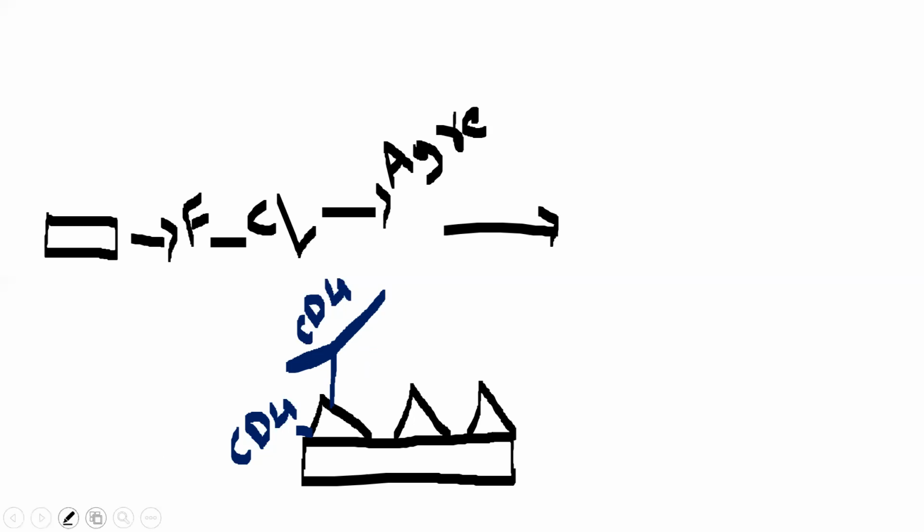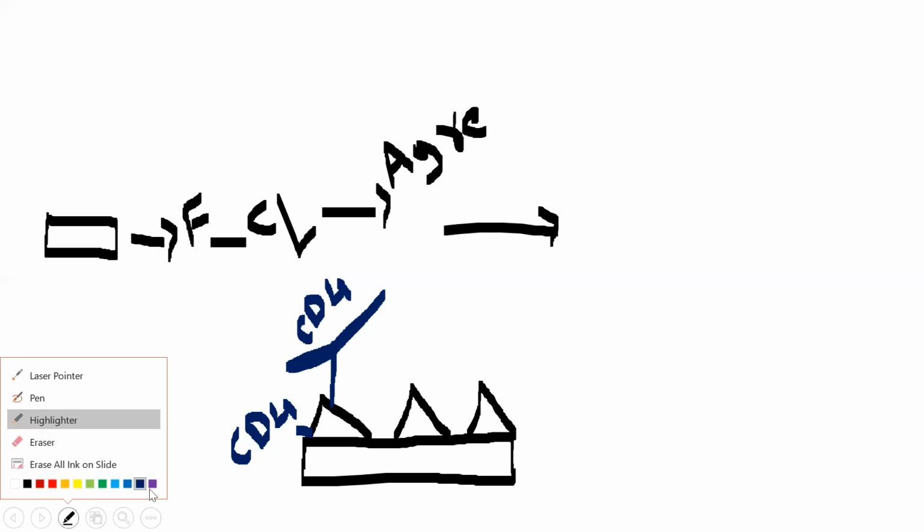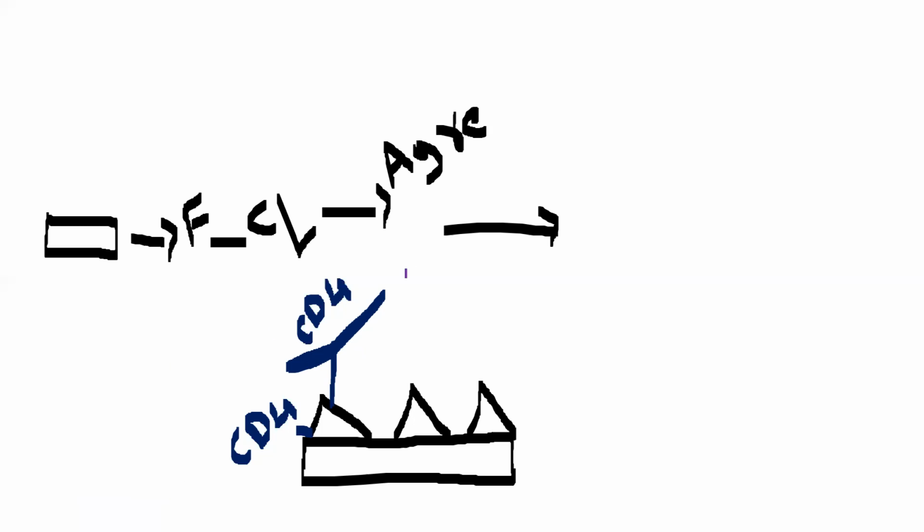For example, I will conjugate it with an enzyme like peroxidase, PX. Peroxidase is an enzyme which is conjugated with this anti-CD4 antibody. Okay, there is one more problem.